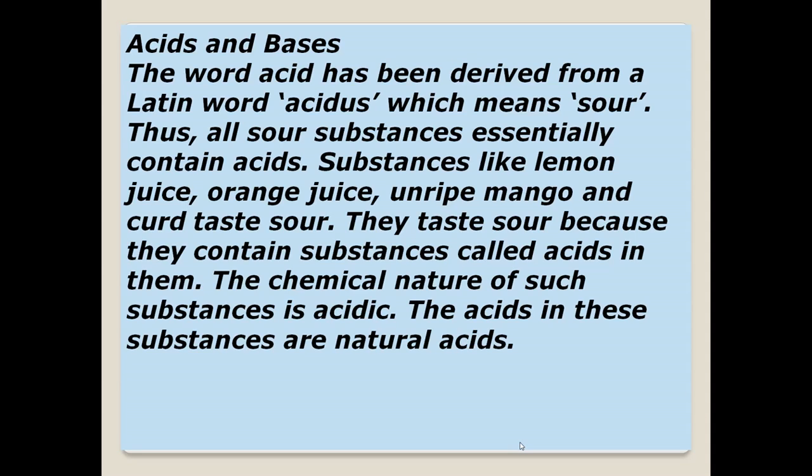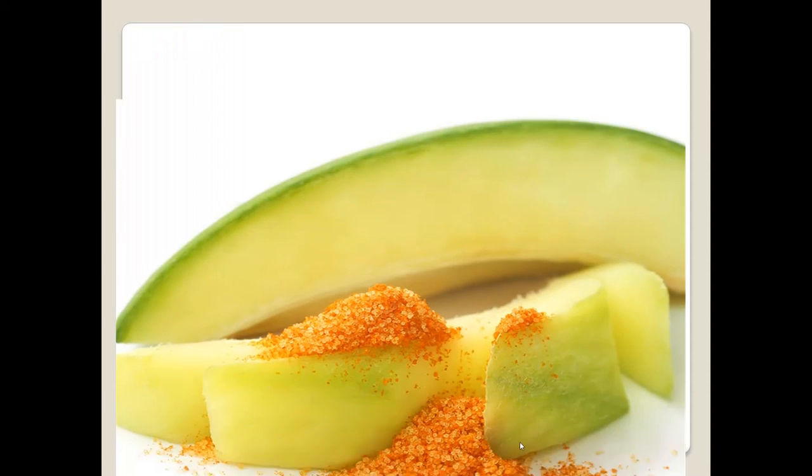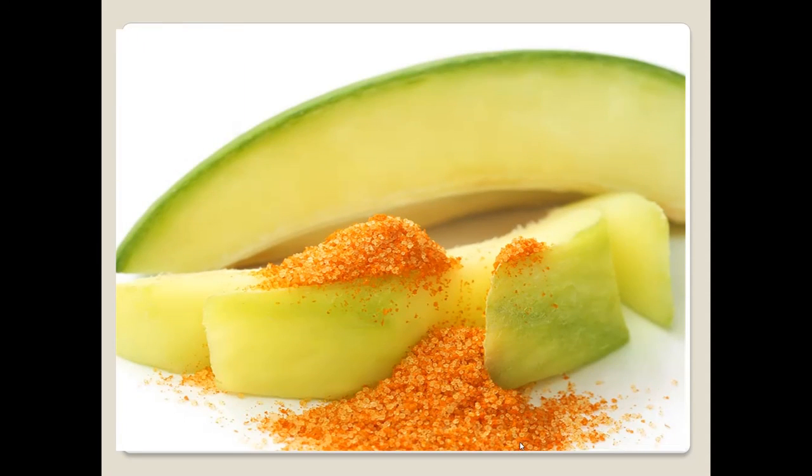They taste sour because they contain substances called acids in them. The chemical nature of such substances is acidic. The acids in these substances are natural acids, so we can call them organic acids.